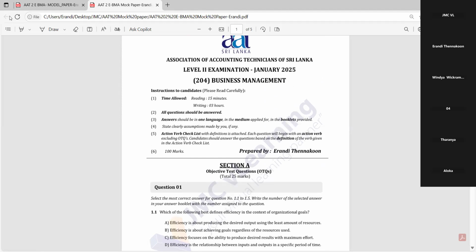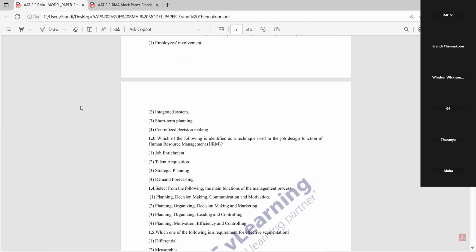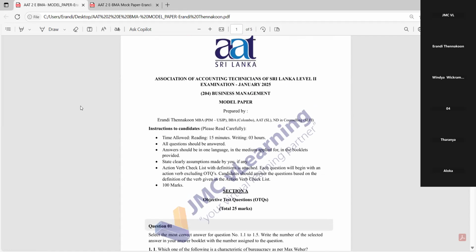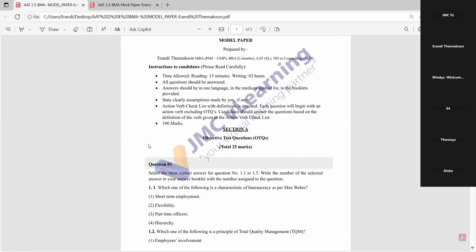And today, I have shared with you this model paper, which I have focused on July 2025, right? I think most of you have read this carefully. I think all of you, right? Am I right? Feel free to ask questions.